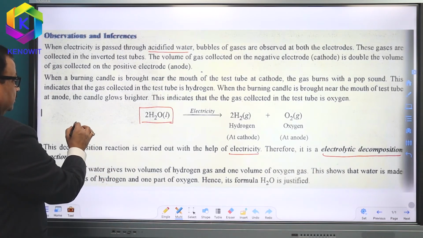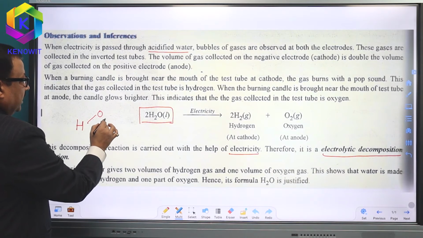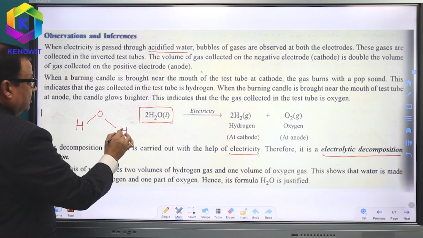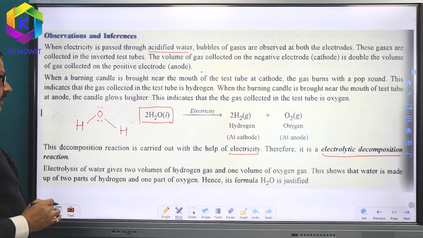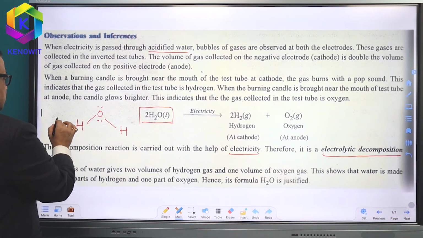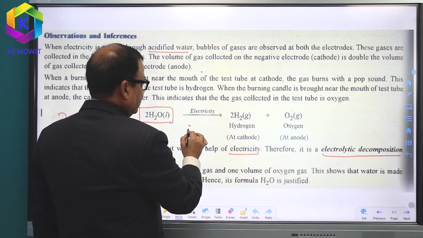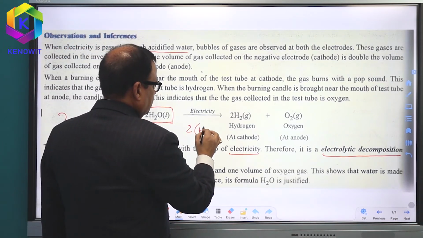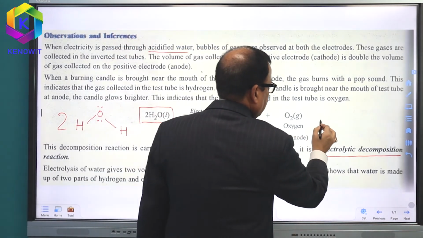Basically the water molecule H2O is an angular molecule in which oxygen has 2 lone pairs and 2 bond pairs. So 2 molecules of water give 2 molecules of hydrogen and 1 molecule of oxygen.